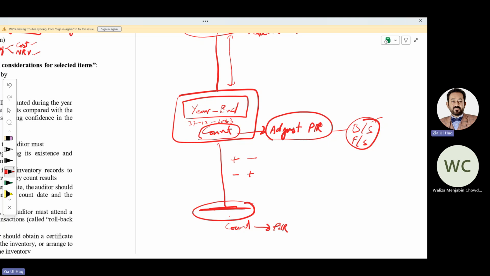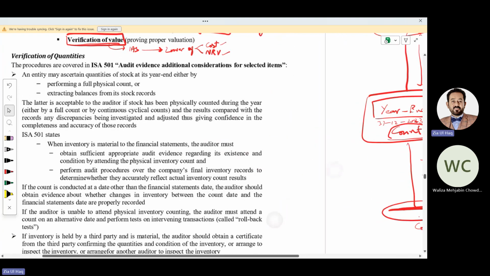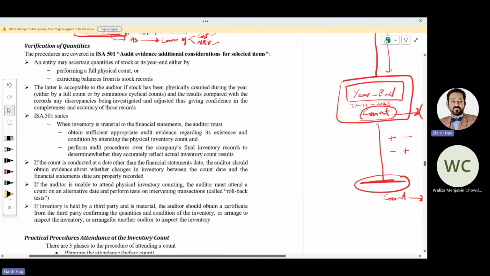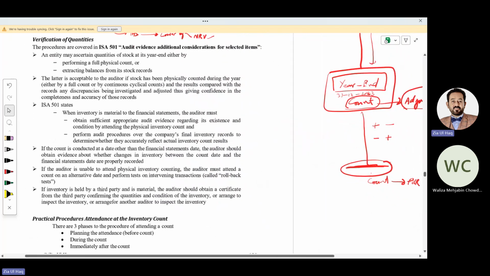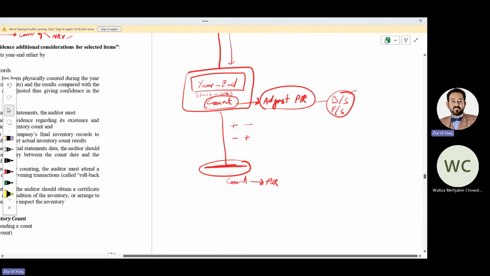Against the count, we need to adjust the PIR, and the inventory that has been added should be subtracted, and the inventory that is subtracted should be added. This test is called the rollback test. Through this rollback test, we can verify year-end inventory.